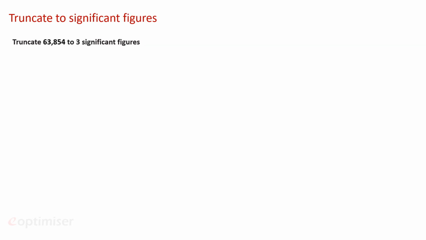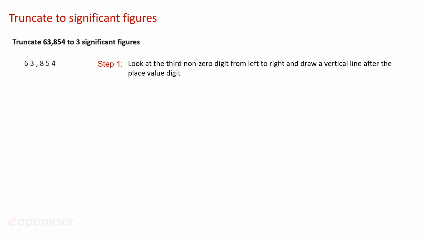In this lesson, we will look at how to truncate to significant figures. Truncate 63,854 to 3 significant figures. You learned what significant figures are. Here the first non-zero number is the first significant figure. So 6 is the first significant figure, 3 is the second, and 8 is the third.